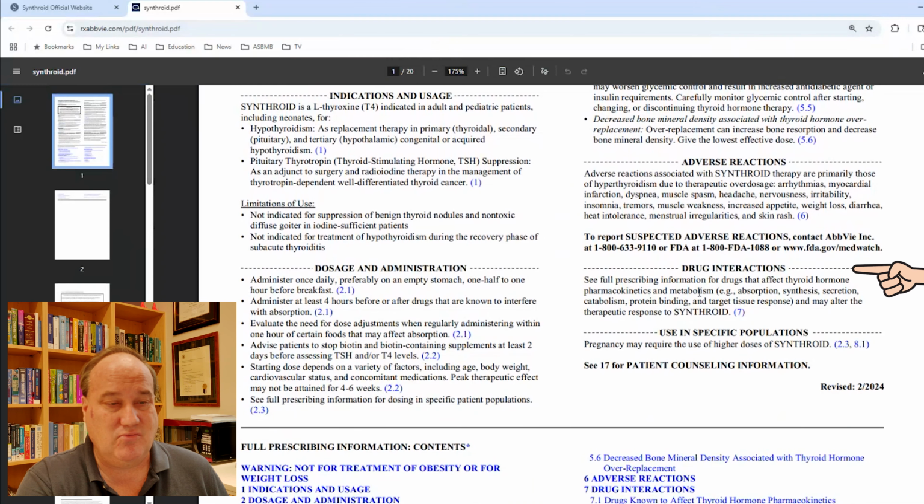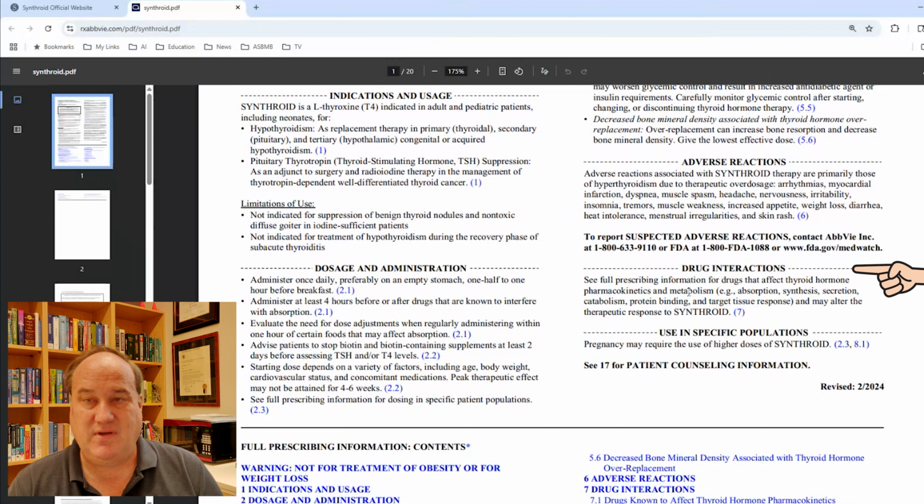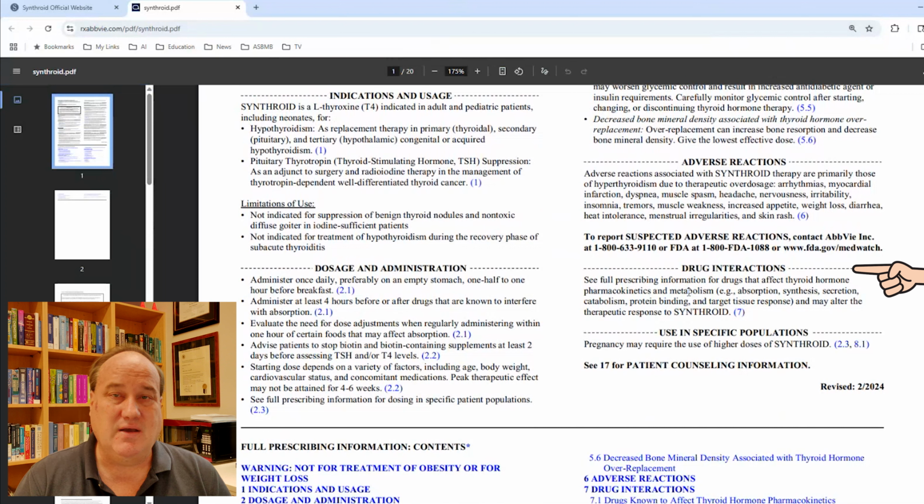Now they don't really list these here, probably because there's just too many to list. These are interactions of this particular drug that may interfere with the pharmacokinetics or metabolism of other chemicals, other drugs that may interfere with this one, and it could also be other food items as well, right?